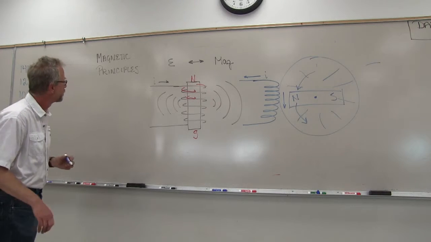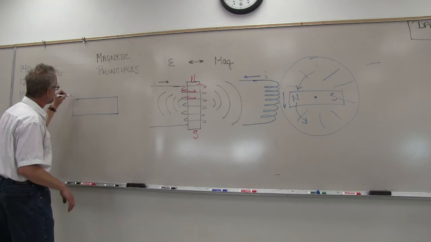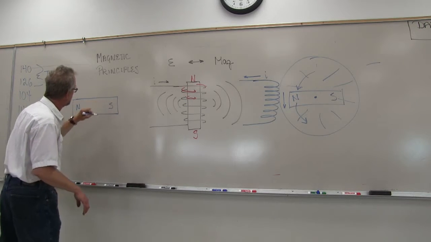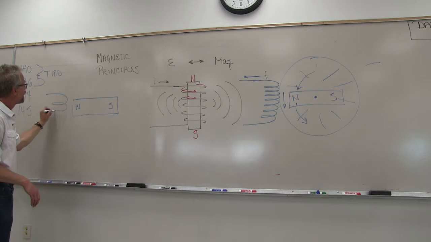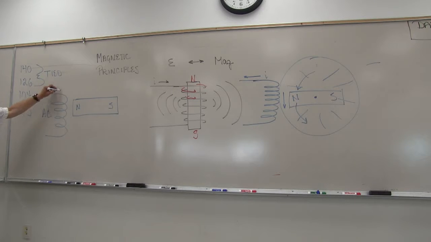Okay, and the third part of the equation we'll put over here, and that is where we take a north-south magnet and we put an AC signal coming in, which gives us pole reversal.